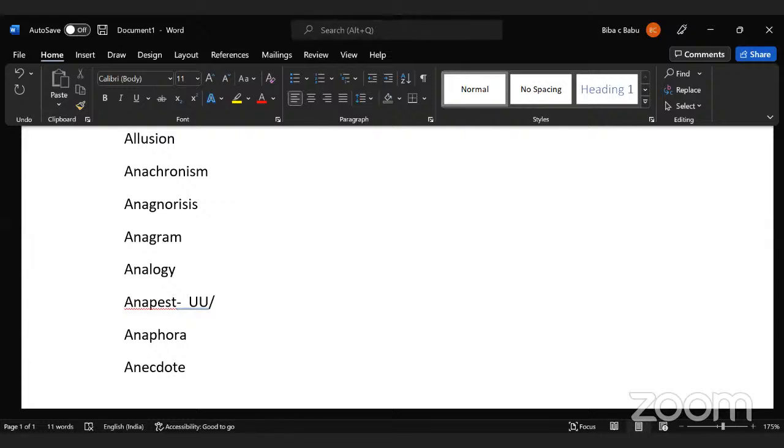It supports a point. For example, you might be familiar with the story of the hare and the tortoise. The hare and tortoise go on a running race, and the hare is going fast and it takes rest. By that time, the tortoise wins the race. So you know that story, right? Whenever you hear the story of the hare and the tortoise, you know that slow and steady wins the race, right?